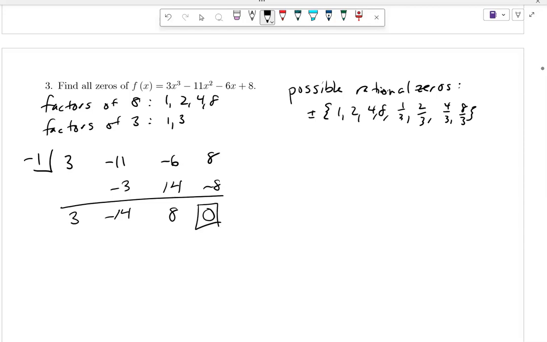Is that a 0? Okay. So far, what do we have? We've got 3x cubed minus 11x squared minus 6x plus 8. Well, since we plugged in negative 1, what was a factor? X plus 1, right? Because it flips the sign. What's the quotient?